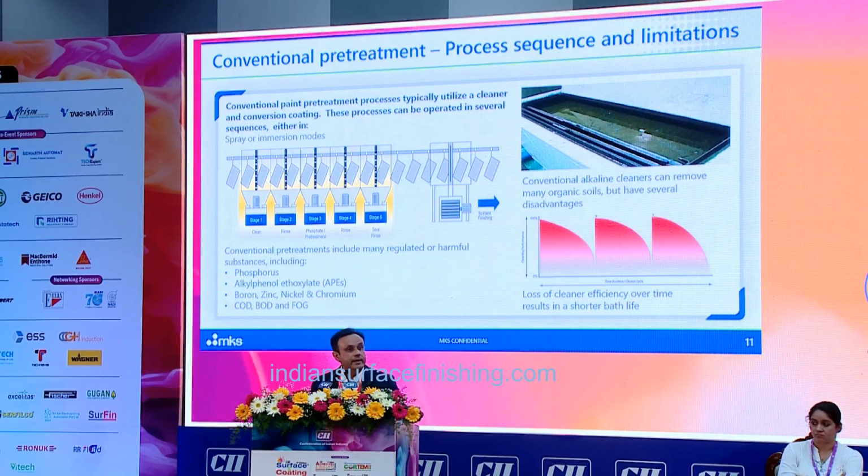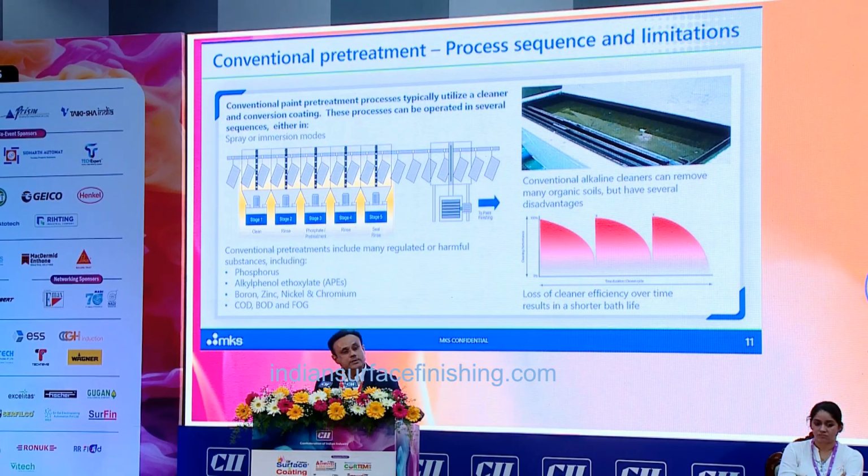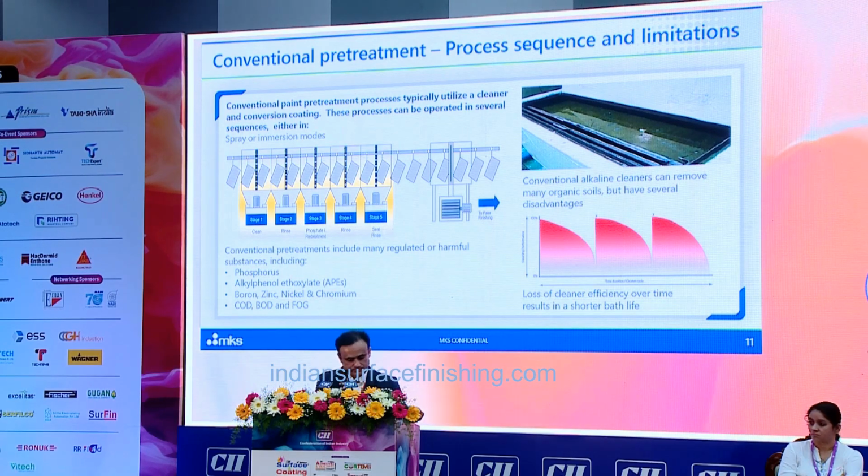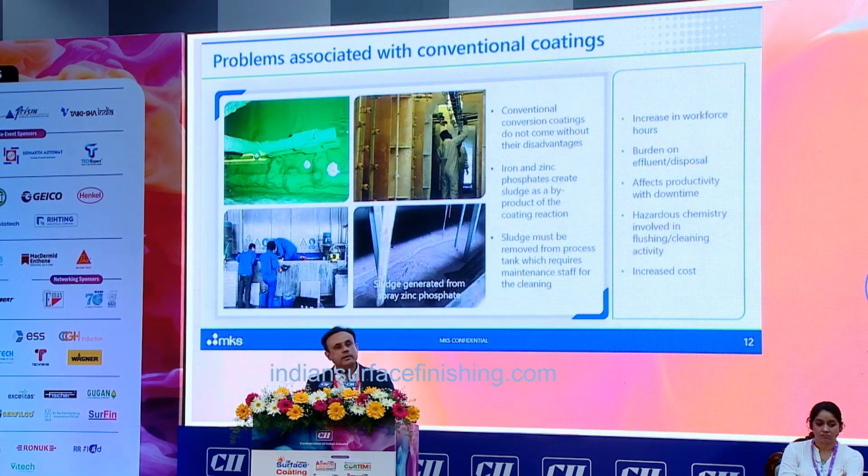Now we have processes available which make it possible to use the cleaner for a much longer period of time. The life can easily be 2 to 4 times, or maybe 10x also. Talking about the coating part: after the cleaning, we have coating. For steel, we have phosphate.